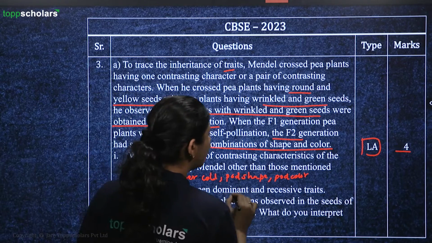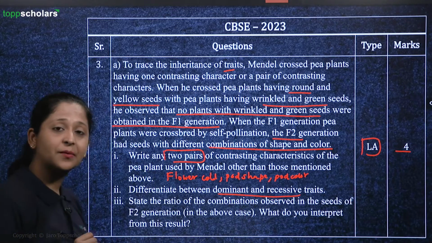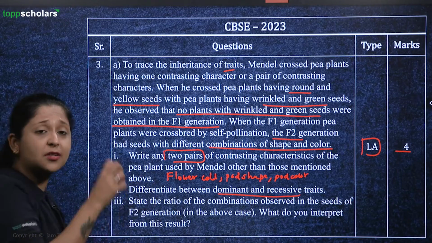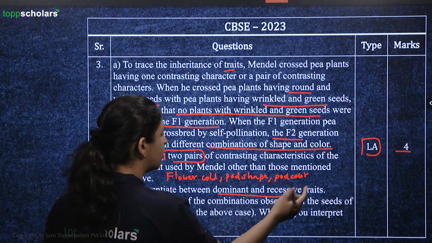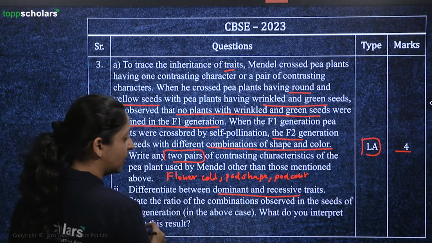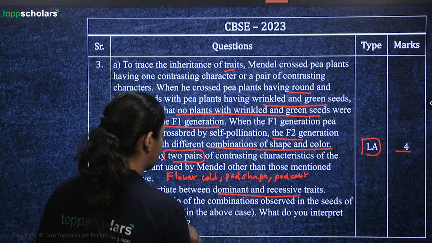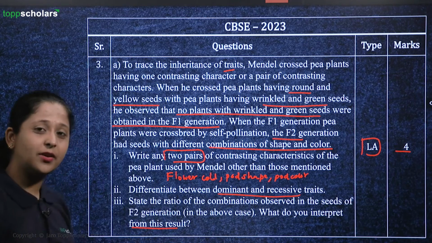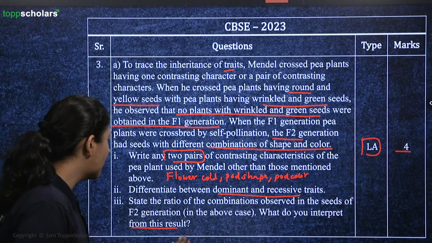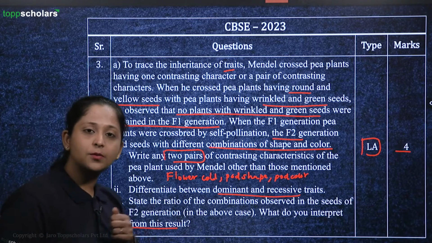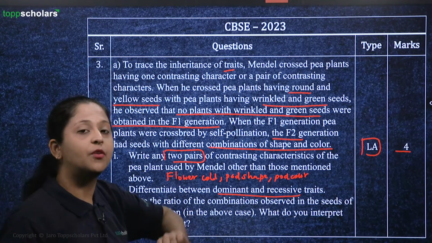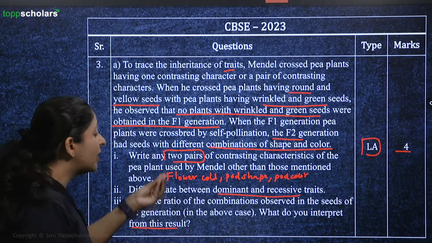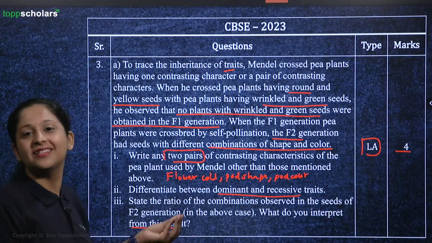Differentiate between dominant and recessive traits. You just have to differentiate what a dominant trait is and what a recessive trait is. State the ratio of combinations observed in the seeds of the F2 generation. What do you interpret from this? You just have to mention what result you are getting in the F2 generation and interpret from this. If you observe this question, students, the above two questions are not even related to the situation given. They are asking you very basic information about Mendel's inheritance.